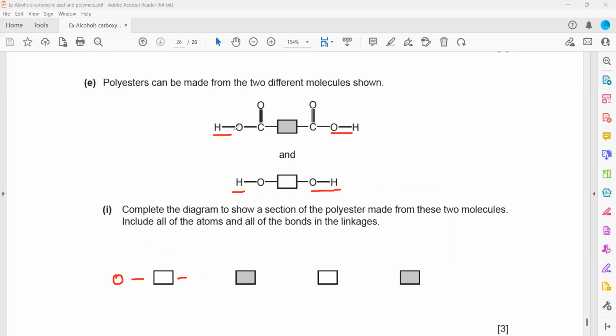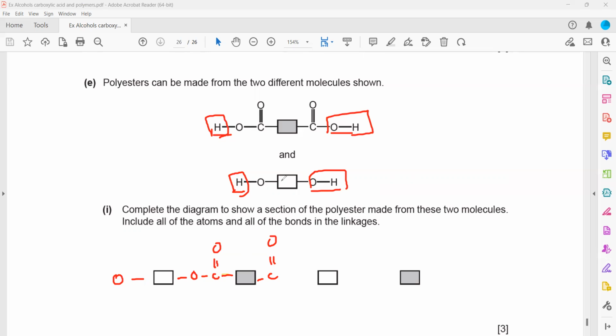One side you remove H, other side OH. So it will be O, then this is removed. Then on the other molecule H is removed. So we are left with O, C double bonded with O, and then this is also removed. There will be a link here.